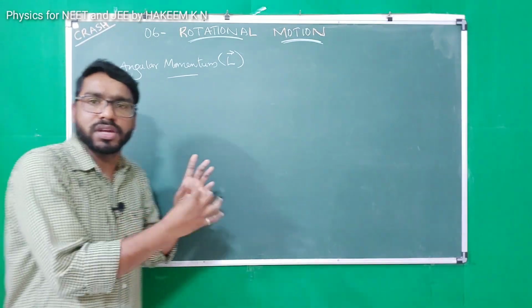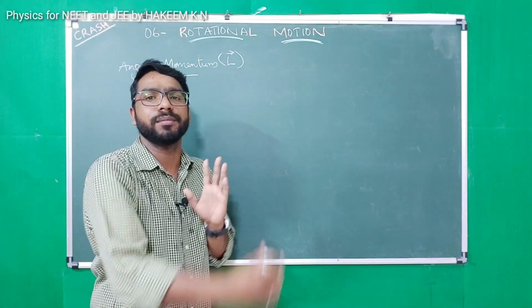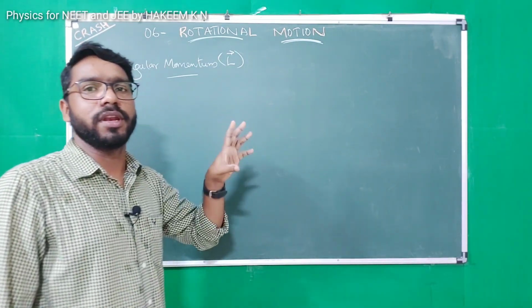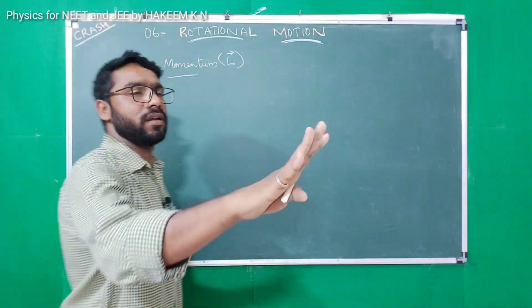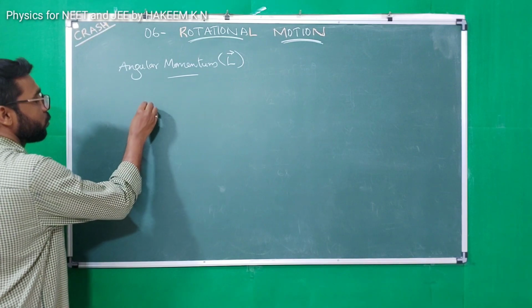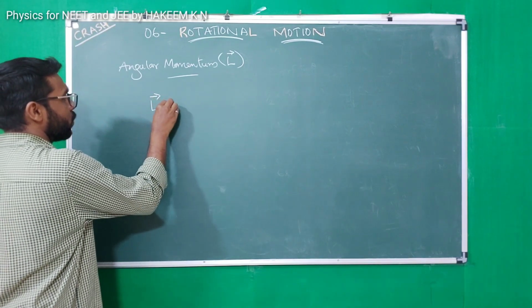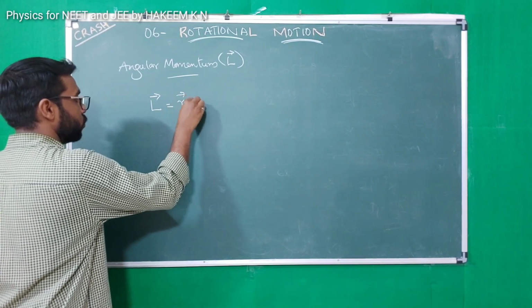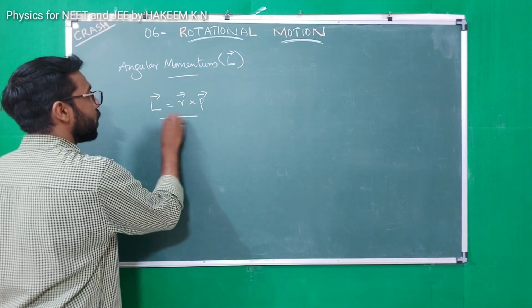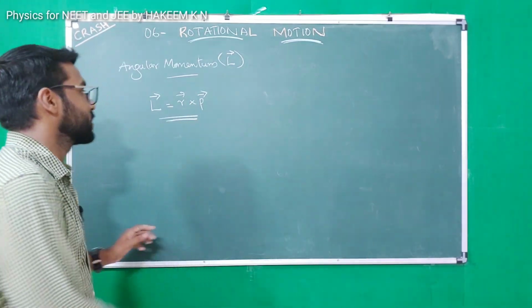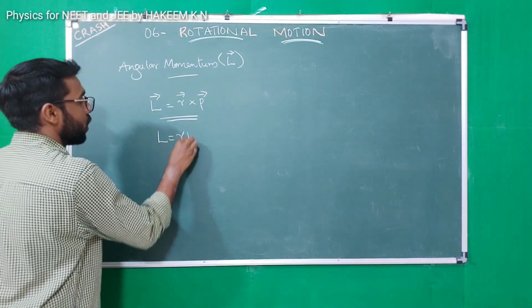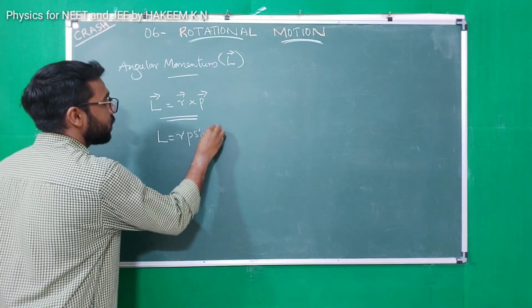Angular momentum is the rotational analog of momentum. That means angular momentum does the role of momentum in the linear or translational motion, and it is found using vector L equal to vector R cross P, and we can write the magnitude as L equal to R P sin theta.